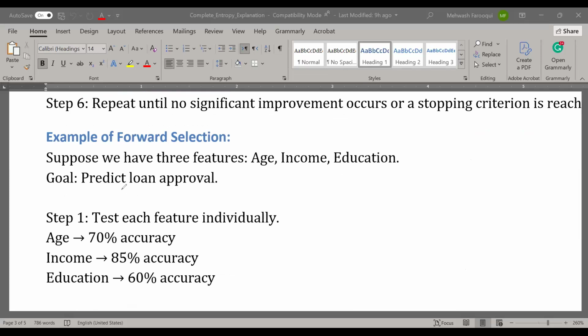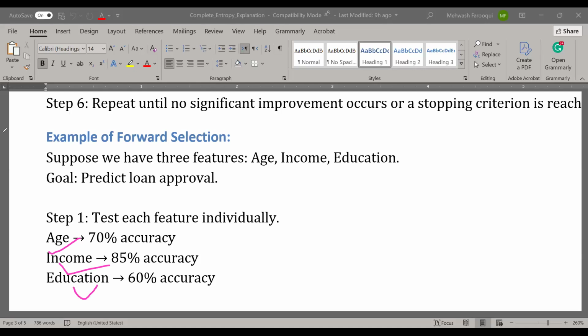Suppose I want to predict loan approval. I am considering the age of a person, income, and education, so here we have three features. We test each feature individually.